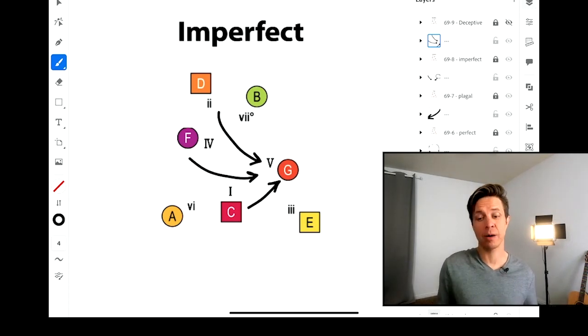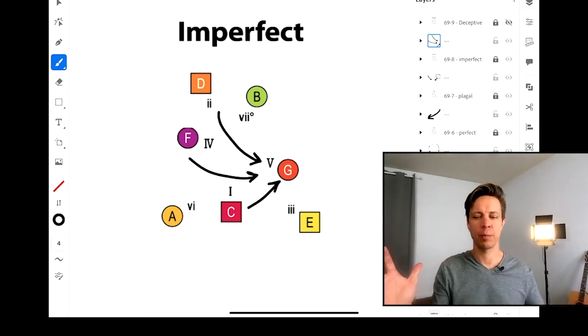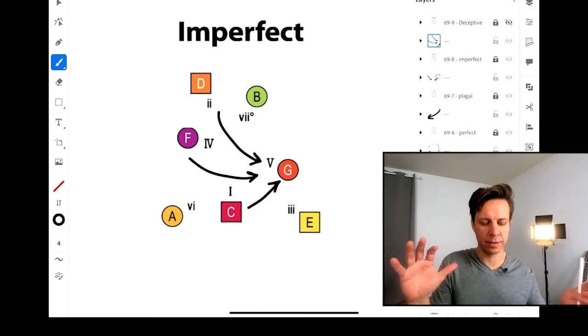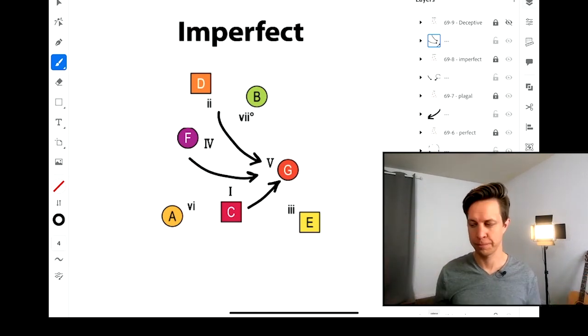So it's imperfect. It's like a comma because it tells you you're not quite there yet. We're not quite done with this musical phrase. We're just at kind of a point of making our way towards resolution.